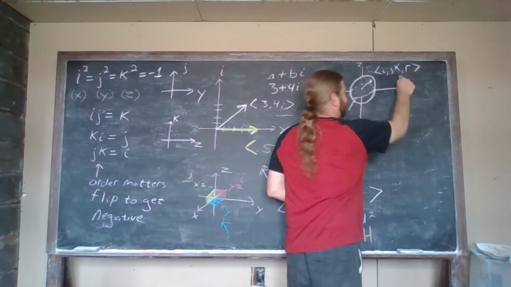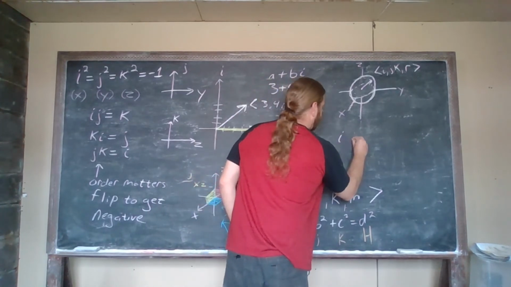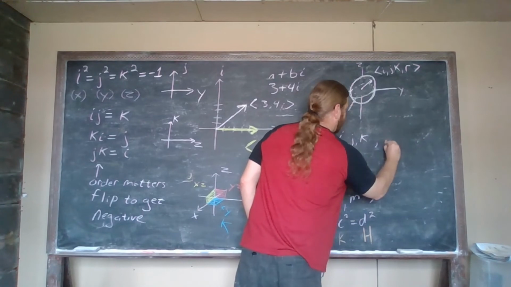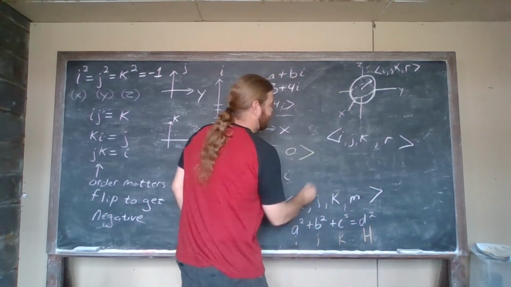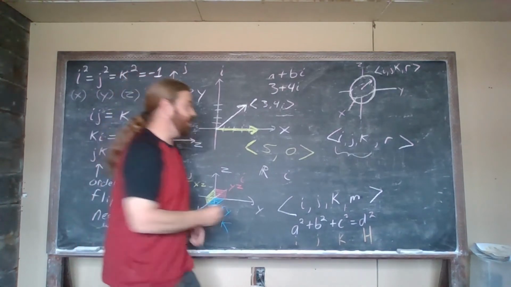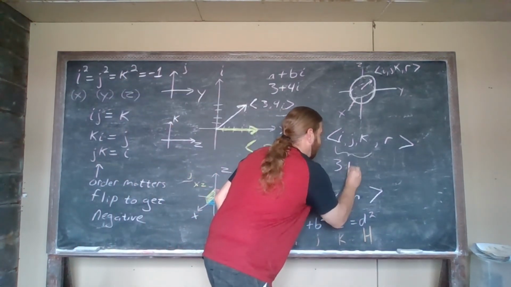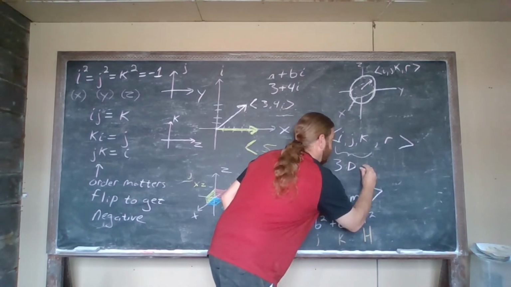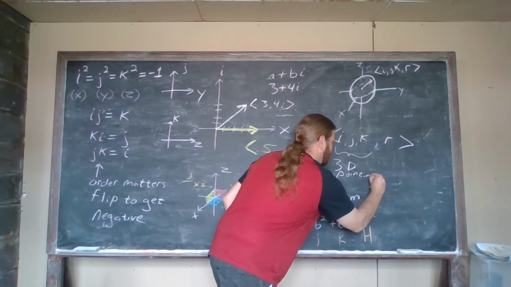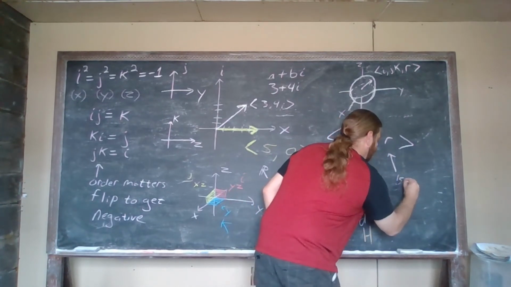So which direction are we pointing? I, J, K, R. So this is a 3-dimensional point, 3D pointing. And this is the length.